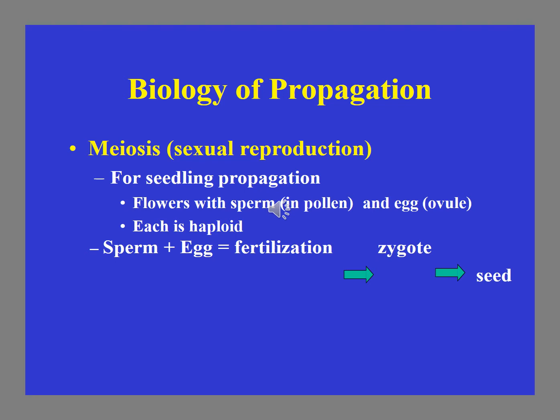Flowers have the sperm in the pollen, as I said, and ovules are produced that have the eggs in them in plants, and each is what we call haploid, meaning having half the chromosome number as the originating cell. And again, that's to prepare. You have half the chromosomes in the sperm and half in the egg. Fertilization happens when those two join, and you get what's called a zygote, which turns into the seed, which has the full complement of chromosomes.